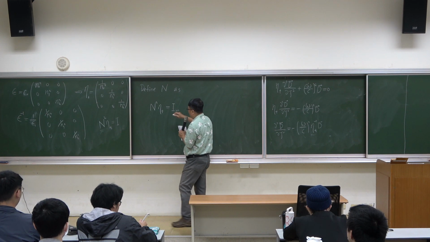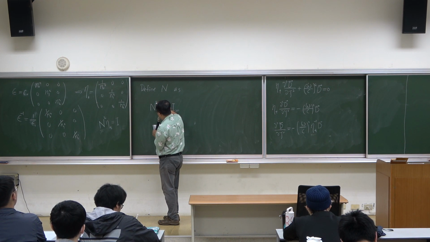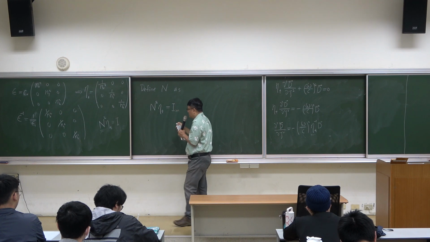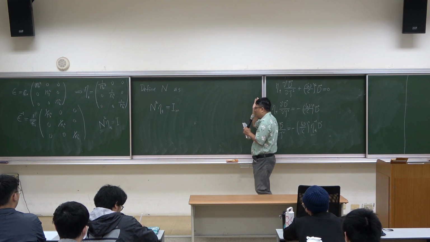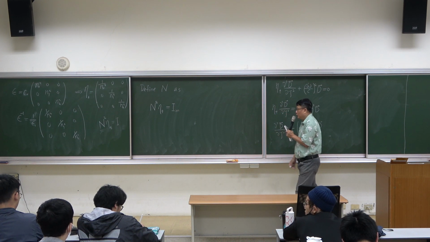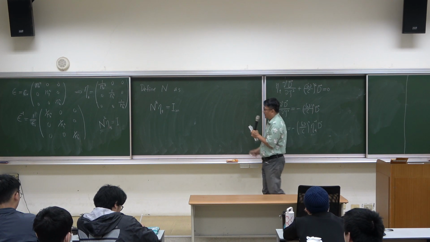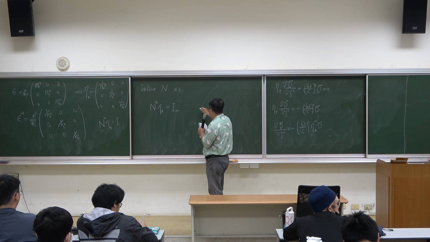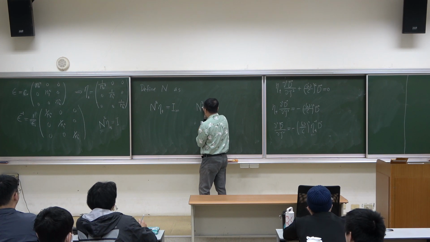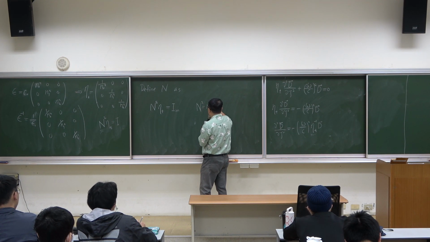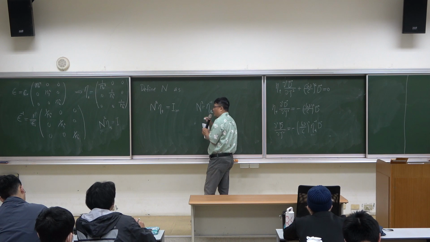So we define N as the matrix that is squared times eta t equal to unit matrix, which means that N squared is nothing but the inverse of eta t matrix. Okay.